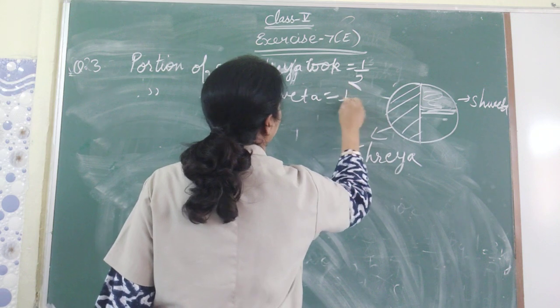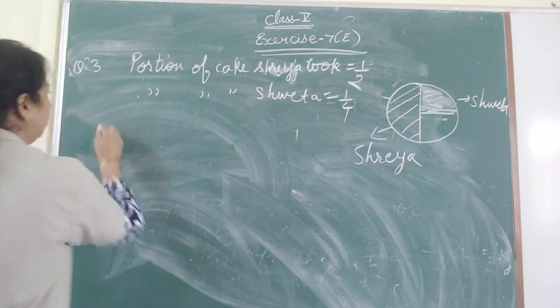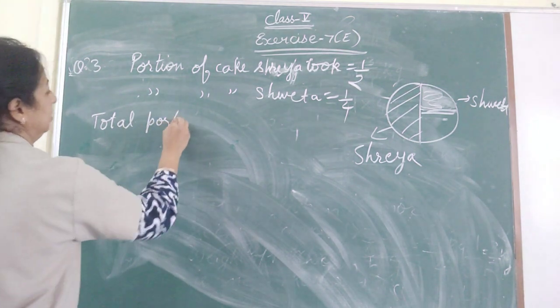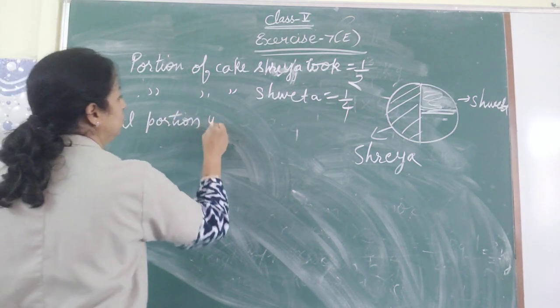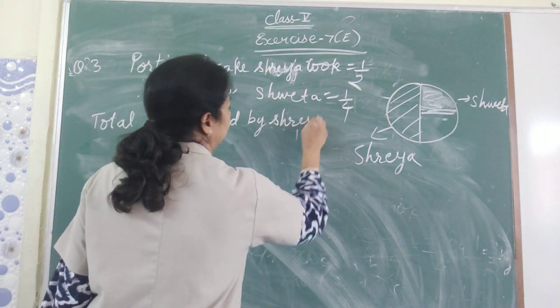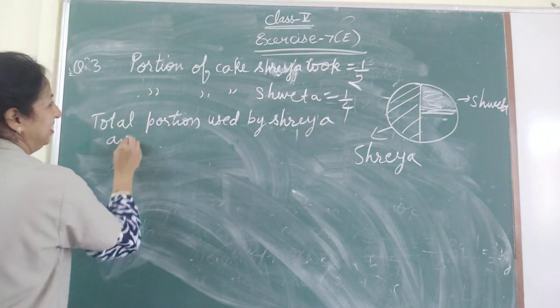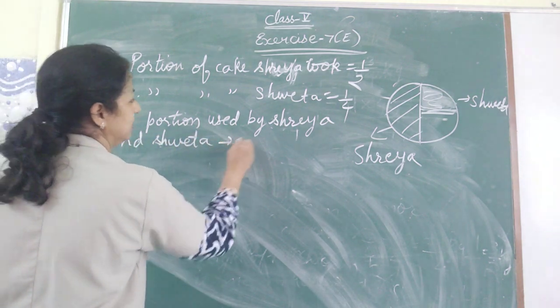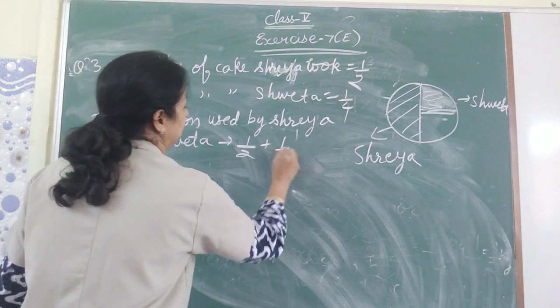That is again 1/4. So the total portion used by Shreya and Shweta, let us add them both. Total means we will add them both. Okay, children? So let us add.